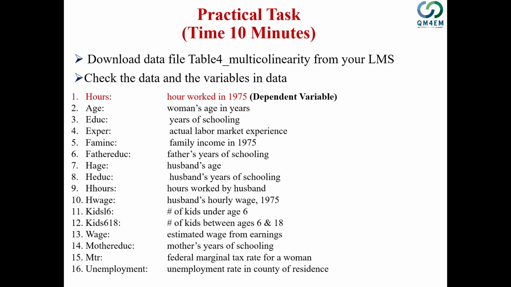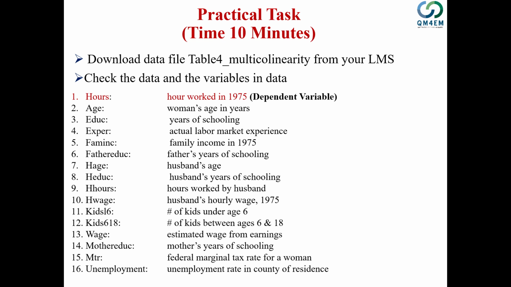This list includes age, which is the woman's age in years, then education, years of schooling, then experience, that's the actual labor market experience measured in years, then the family income, that's FMINC, then the father's education, the schooling of the father of the female worker, then the husband's age, the husband's education, then the husband's hours worked during the year, then the husband's wage during that year, then whether the family has kids under age 6, and then kids between age 6 and 18, then the wage earned by the female worker, then the mother's years of schooling, then the federal marginal tax rate for a woman, and finally the unemployment rate in the county of residence.